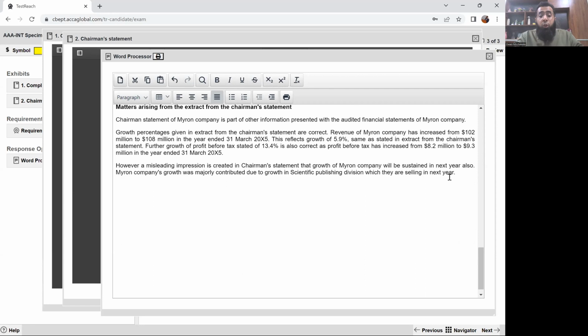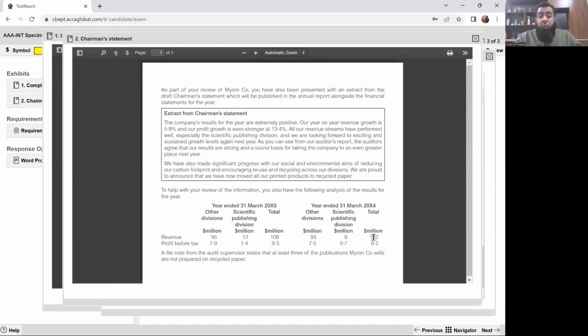If you want, you can use numericals also. Your revenue has grown from 102 million to 108 million. $6 million was the growth, and from that $6 million, $4 million was contributed by the scientific publishing division, because its revenue increased from 9 to 13.